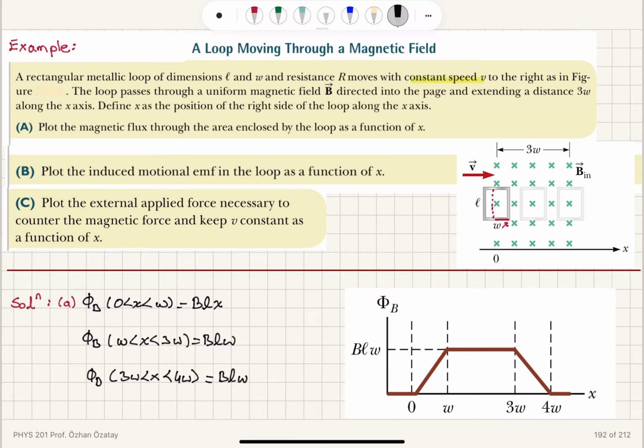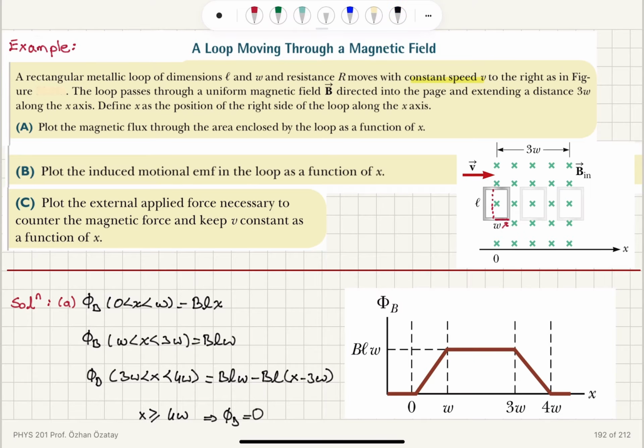The magnetic flux will be BLW minus BL(x minus 3W). When x is equal to 3W, the flux is BLW. When x is equal to 4W, it's going to be BLW minus BLW, which is 0. When x is greater or equal to 4W, the magnetic flux will be 0.